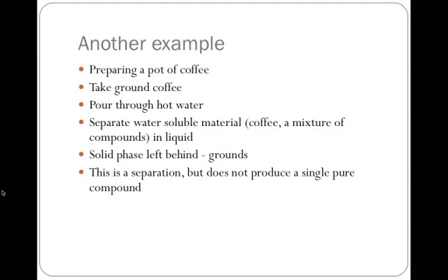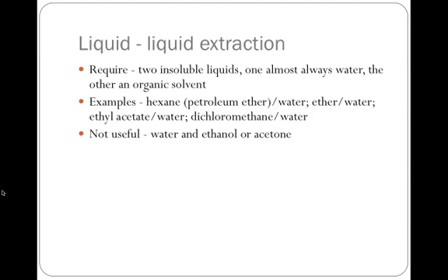The liquid's coffee. Coffee's not a single pure compound, but you've separated the things that are not water soluble in coffee beans from the material that we then call coffee. If you want the individual components of coffee, then you have to do further separations, but this separates the water soluble materials from the things that don't dissolve.